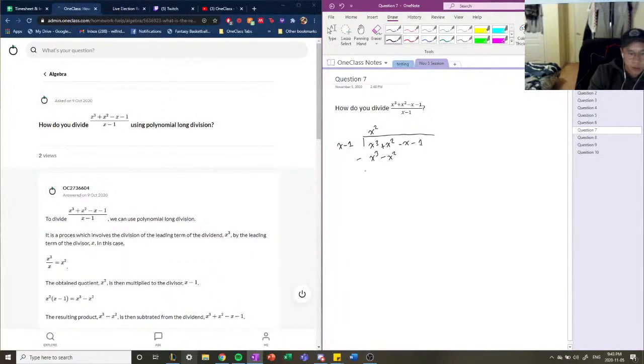So now we're going to subtract these terms. We get 0, and negative minus negative is positive, so we get 2x squared, okay? We move down the next term, negative x. So how am I going to match 2x squared minus x with x minus 1? We can say plus x. So we're going to multiply this factor by x, and we get, oh sorry, we should do 2x, sorry.